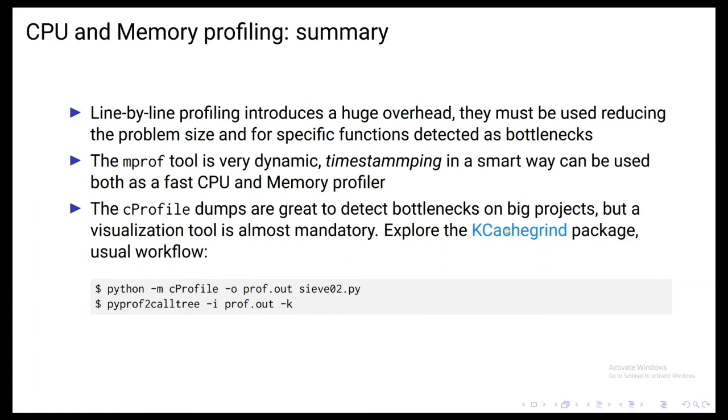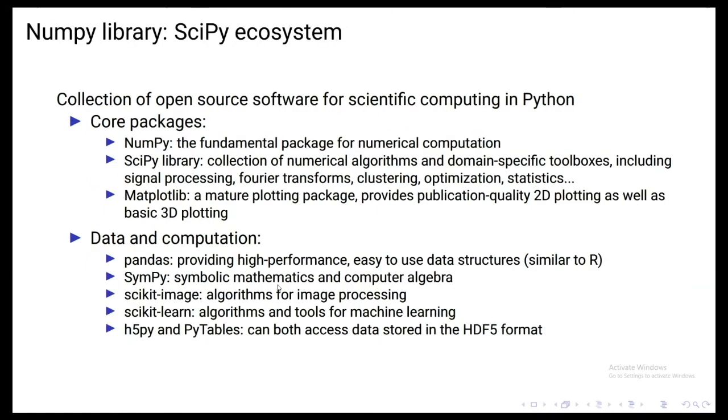It's a huge package, way more powerful than SnakeViz. But SnakeViz you can just pip install, and as it uses the browser as a backend, it runs everywhere. You can explore KCachegrind if you want. It gives you the same features and more to visualize the cProfile output of the time consumed by the different functions in a full Python code.